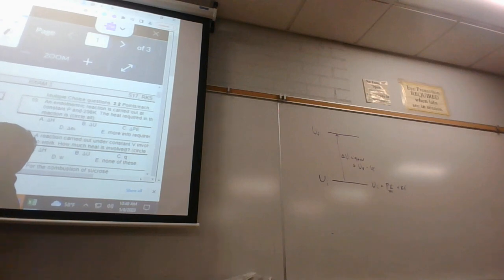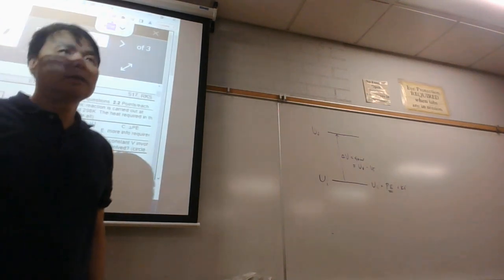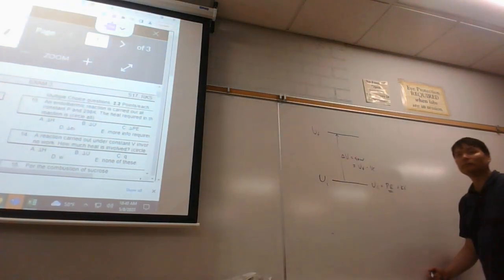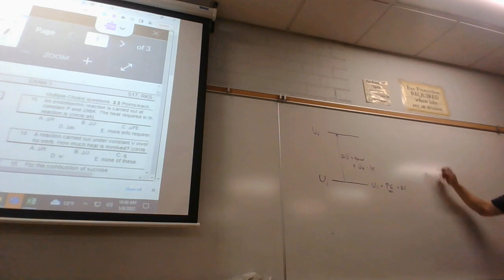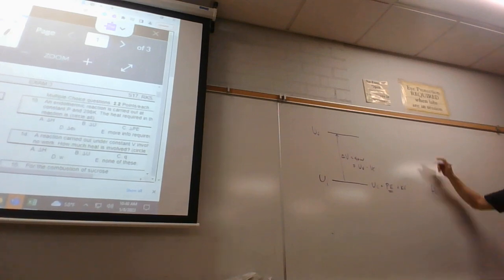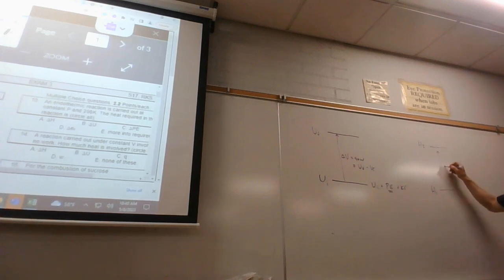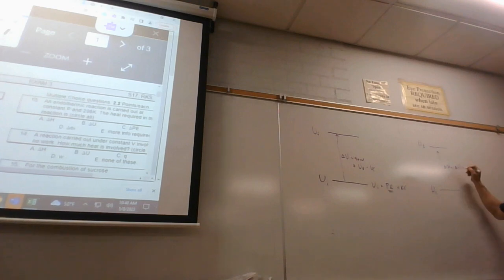But what's this PV thing that's going on? PV work is P delta V, right? And so if we're looking at H, let's go with H initial and H final, and then we have delta H. Delta H is going to equal delta U minus the work.